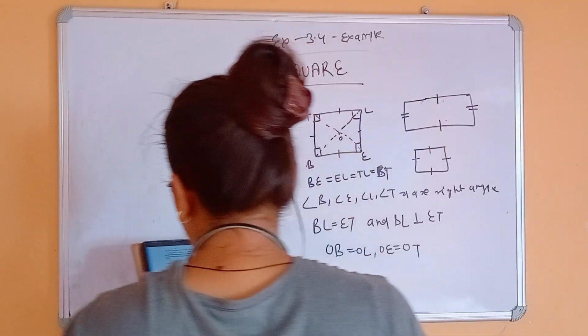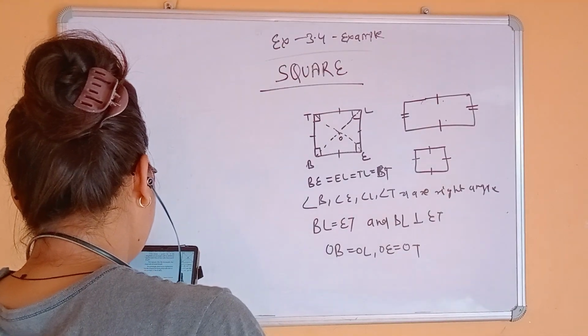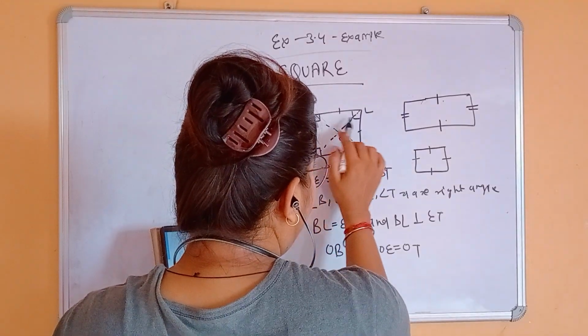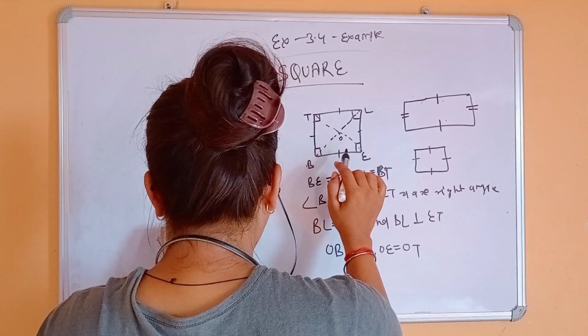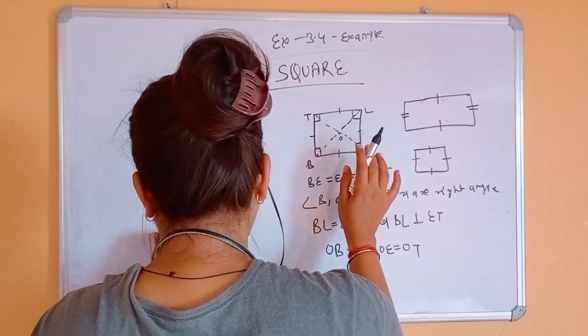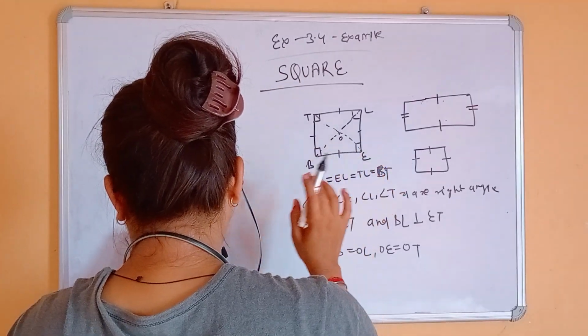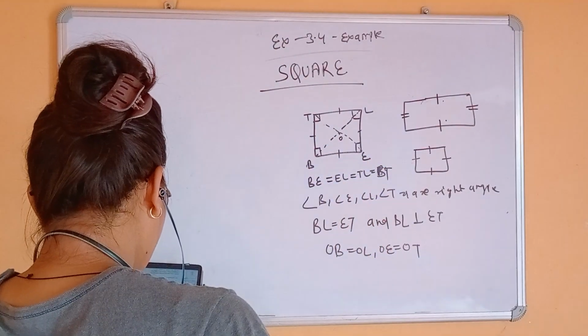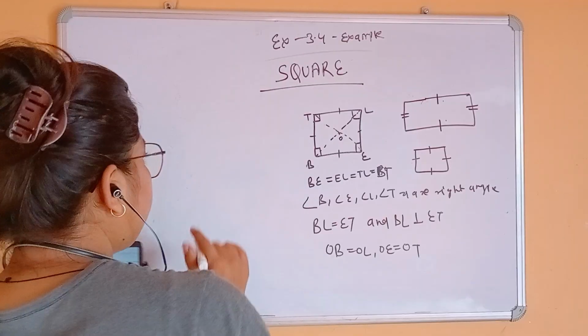So here we understand all the properties. In a square the diagonals bisect one another, are of equal length, and are perpendicular to one another. So first we understand this property.